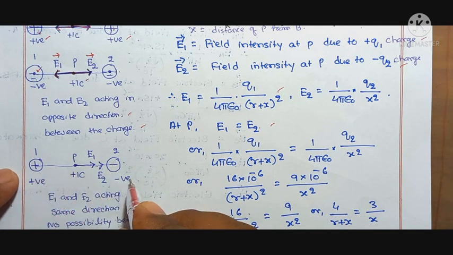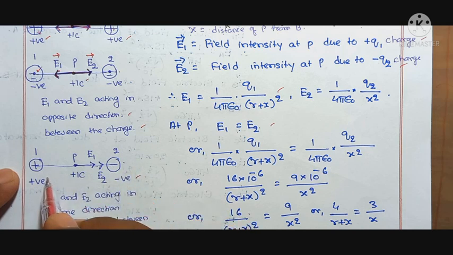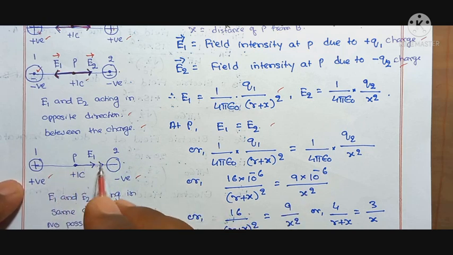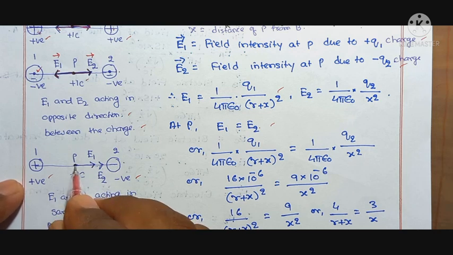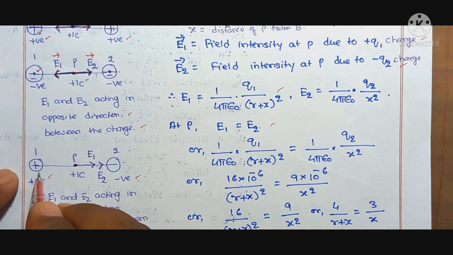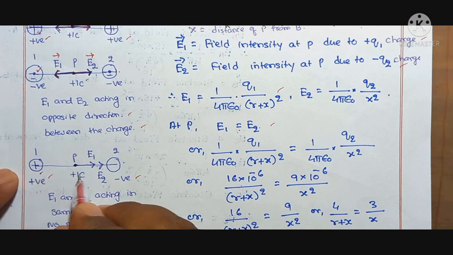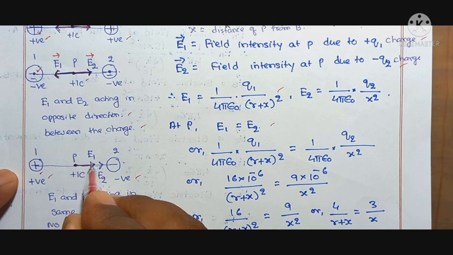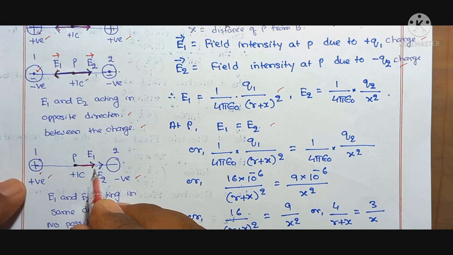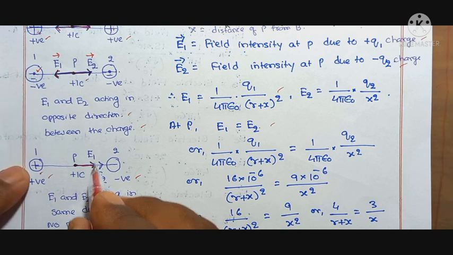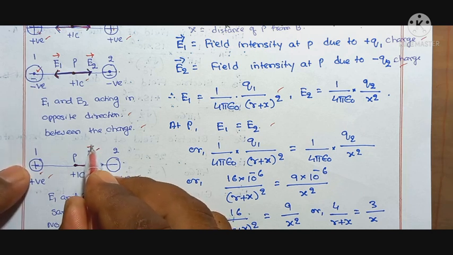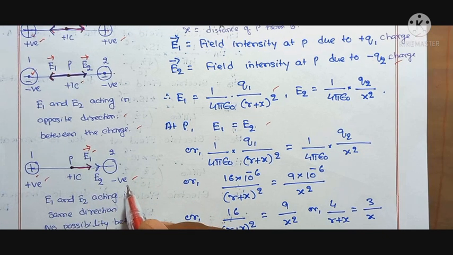Now one charge is positive and one charge is negative. मैंने फर्स्ट चार्ज को पॉजिटिव ले लो, सेकेंड चार्ज को नेगेटिव ले लो. हम लोग इन बिटवीन द चार्ज कंसिडर करेंगे. देन यहाँ प्लेस करो +1 कूलम चार्ज. देन ड्यू टू this charge, this is positive charge, this +1 coulomb charge will move in this direction. So electric field intensity will be due to this charge E1, that means from left to right.